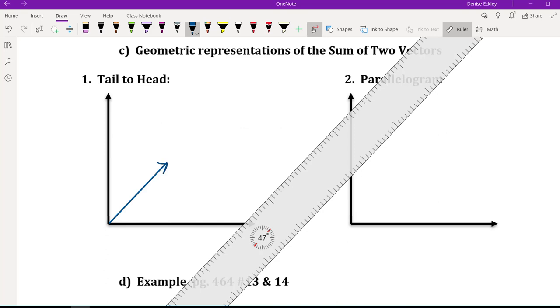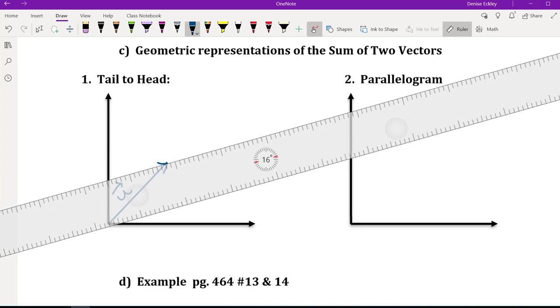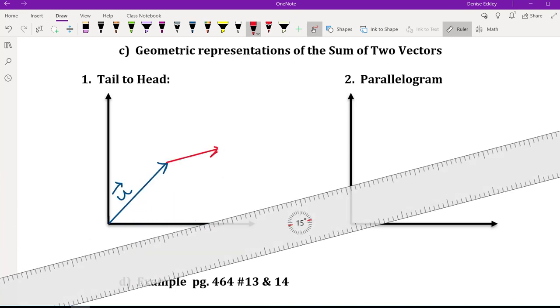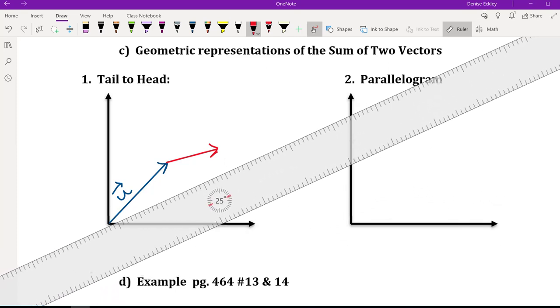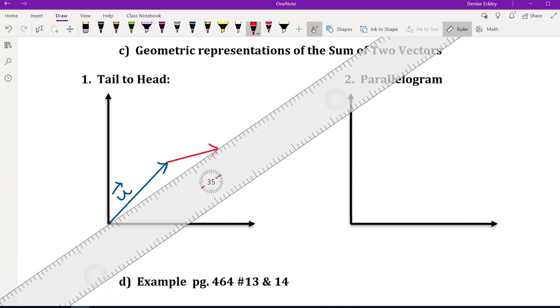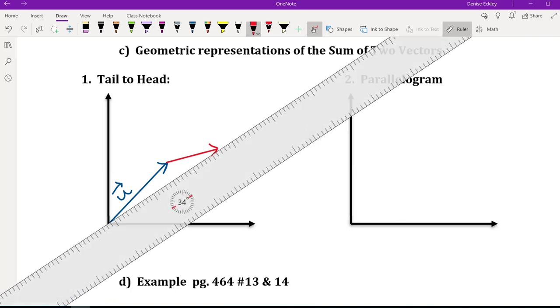That's U. What I'm going to do to it is add V. So on the end of it, I put some vector V. The resultant vector is going to be from the tail of U to the tip of V, like that.